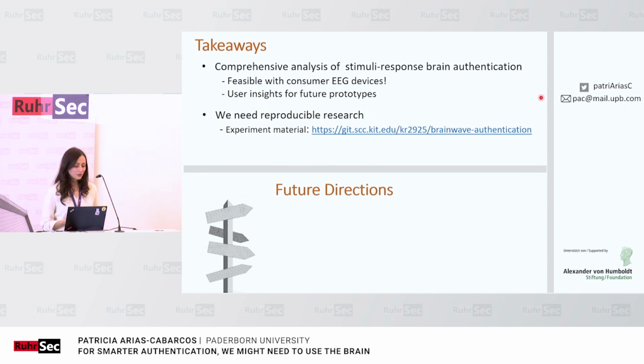What we observed when trying to compare our results with other research is that there are several problems in this comparison. Many works don't report a lot of metrics. They just report, for example, one data point or the accuracy, which is not meaningful in a binary classifier for authentication. So you cannot really tell if one system is better than the other.